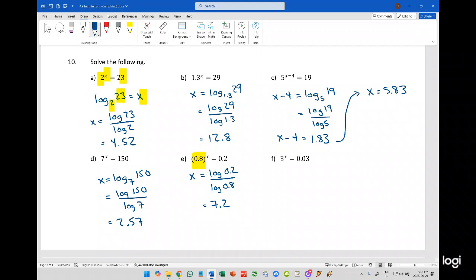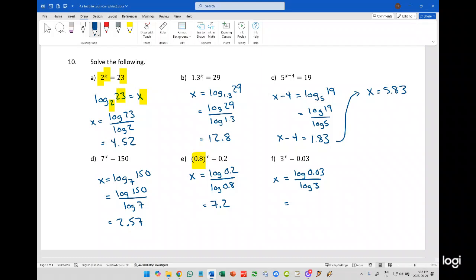Okay, final one. The unknown exponent is equal to log of 0.03 over log of 3, since that was the base. I'm expecting a negative number because 3 to the x would be exponential growth, and it's going to hit 0.03 back before the y-axis.